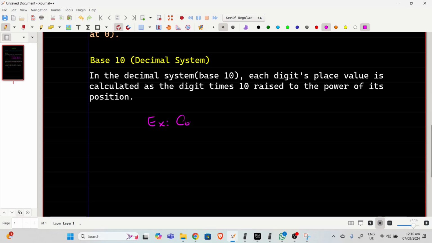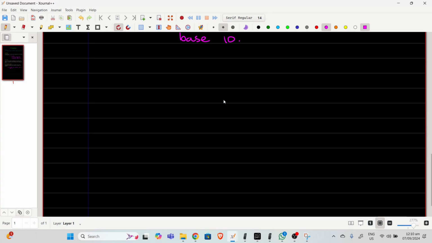So consider the number 3, 4, 5 in base 10. Right, so consider 3, 4, 5 in the base 10 number system. So if we have 3, 4, and 5, each one of these has its own unique values.